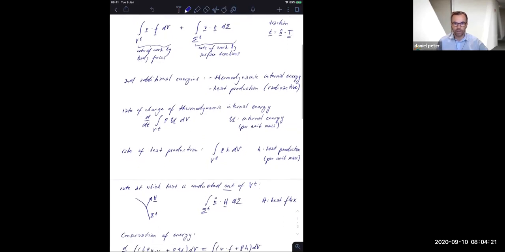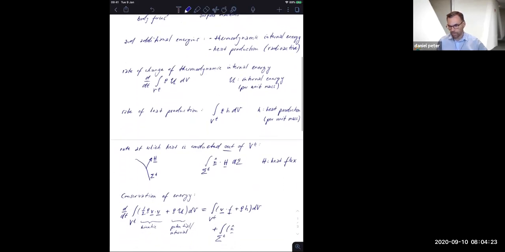So then we have n dotted with the stress tensor times the velocity. And we have the heat which is transported out, so we put a minus in front of the heat flux, times H.